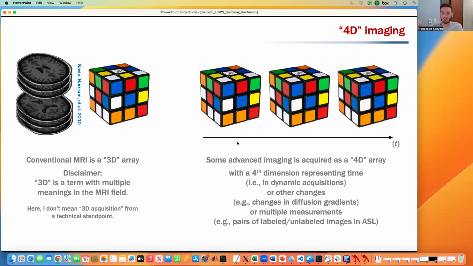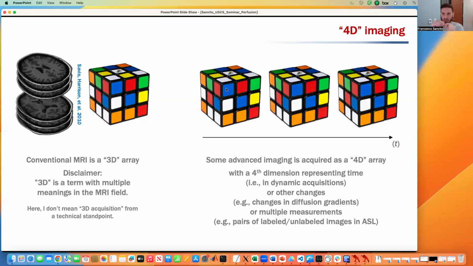But then let's take a step further. There are some sequences for which the data has to be stored in 4 dimensions. Typically, on top of the 3D dimensions, there is a 4th dimension, which can be time. For instance, if the brain that we talked about is followed over time while I'm injecting contrast agent, there would be a 4th dimension.